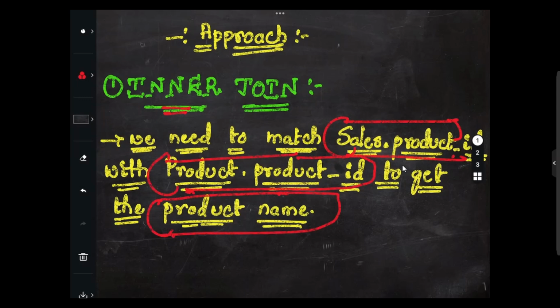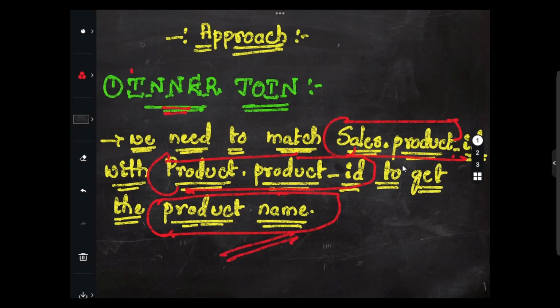So we need to return the product name, which is of type varchar. While explaining the question, we have already gone through that, we saw the example, right? So first we need to match sales.product_id with product.product_id, basically to get the product name.